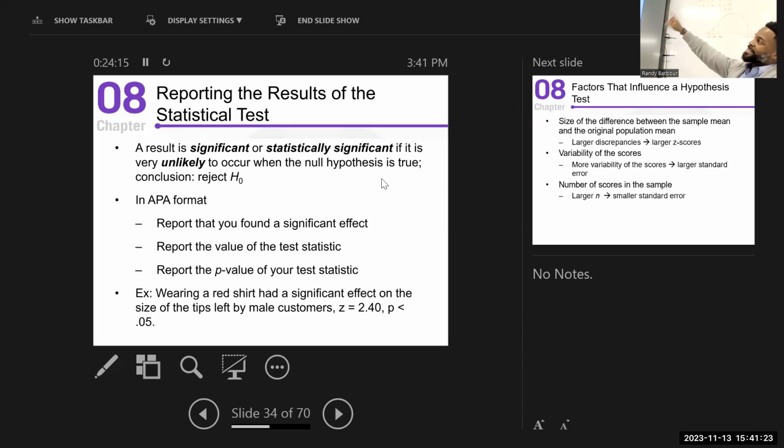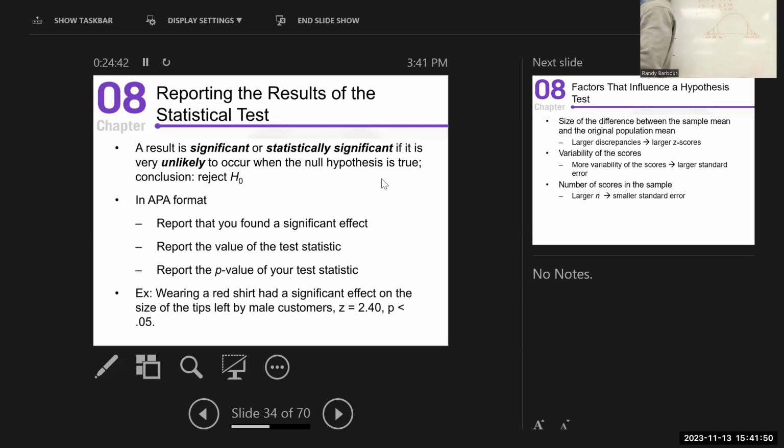And when that is the case, you're going to reject the null hypothesis. So when they say the differences were statistically significant, that means that there is a difference between the different scores, whatever it is, based on a probability that they form using an alpha. They always use an alpha.